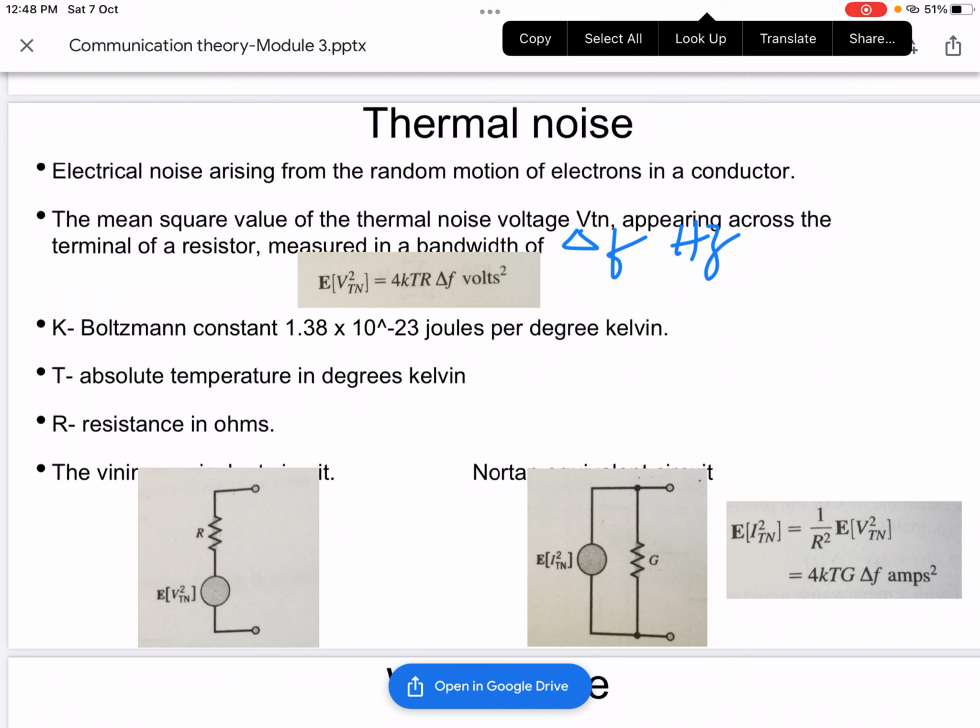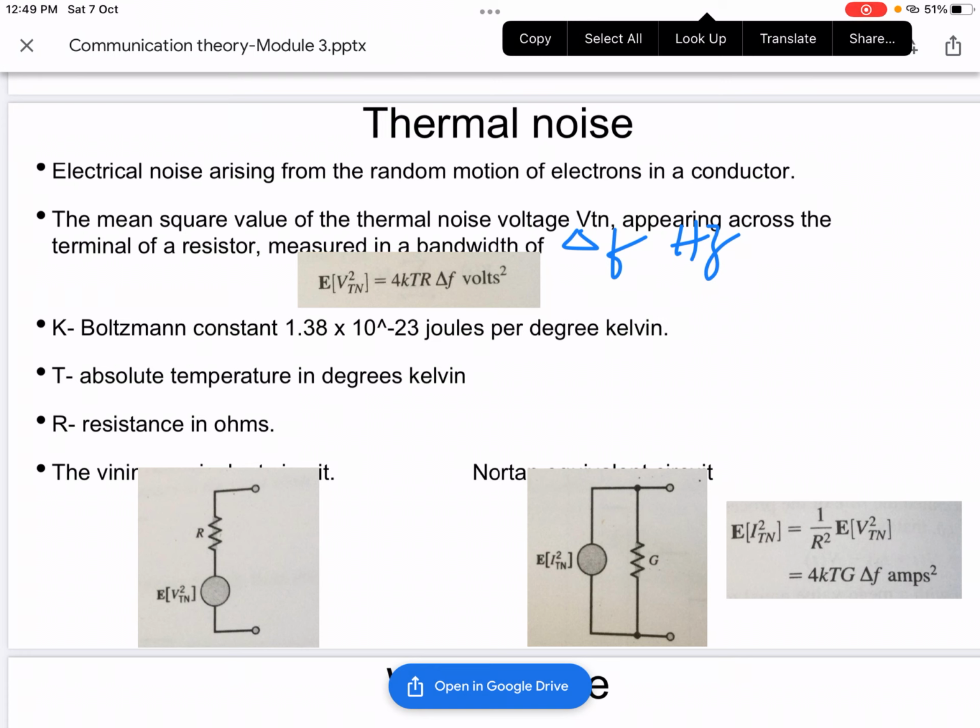You can also notice that the number of electrons in a resistor is very large, and their random motion inside the resistance is statistically independent of each other. So the central limit theorem indicates that thermal noise is Gaussian distributed with zero mean.